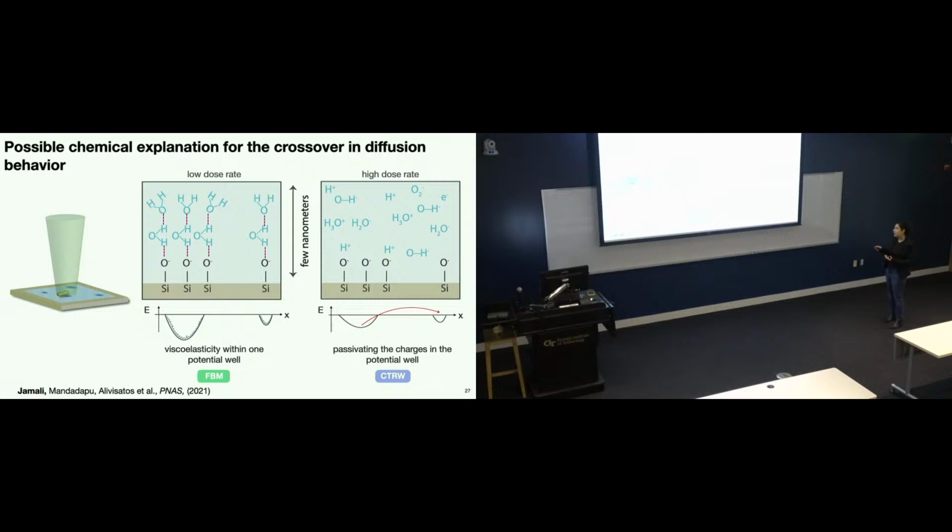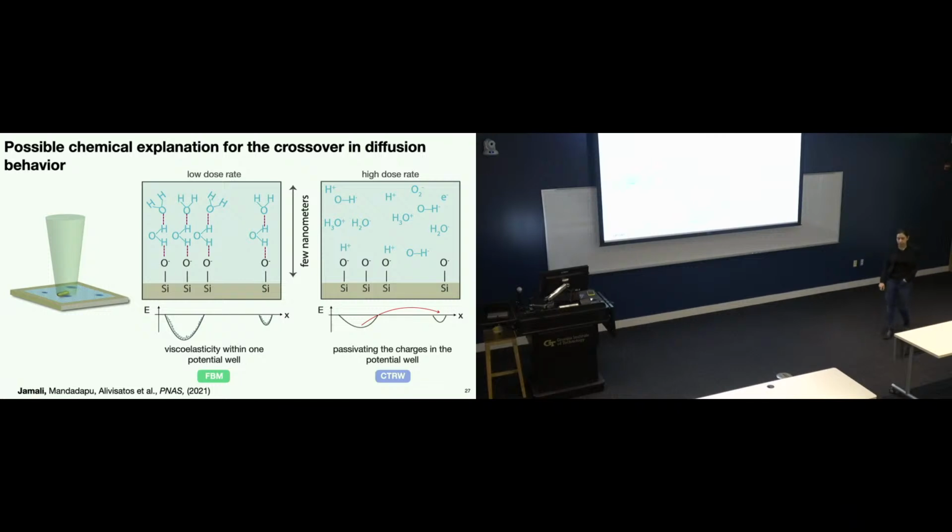Every now and then these particles get trapped close to a group of these silanol molecules, move a little bit, and after a while their thermal energy is enough to get them out of the well and move to another one, and another one. That now resembles diffusion on a heterogeneous energy landscape, which is consistent with the CTRW picture.